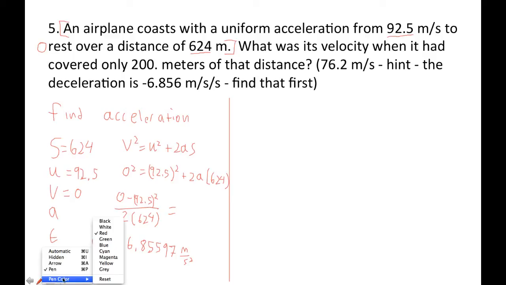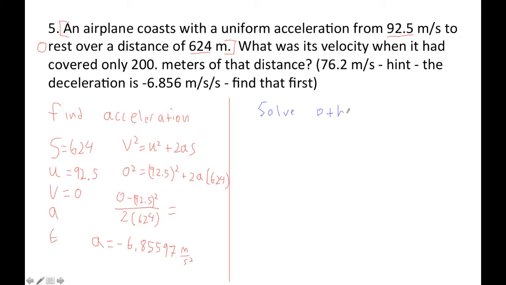Now we're set. Let's go to blue pen land here and then solve the other SUVAT. Okay, so what was its velocity when it had covered only 200 meters of that distance? So let's think about this. I know we're going to use this acceleration.